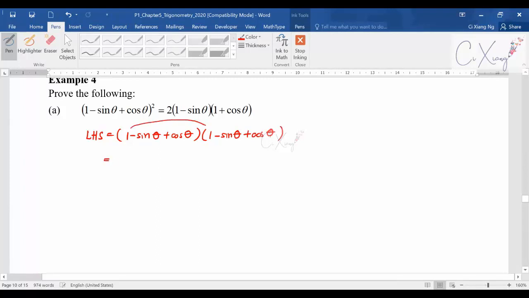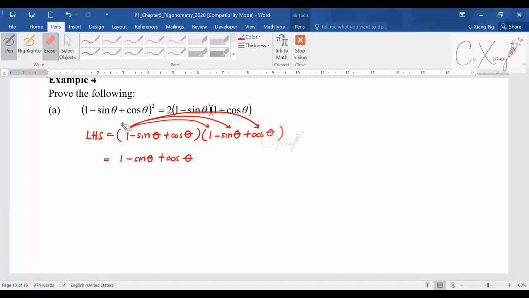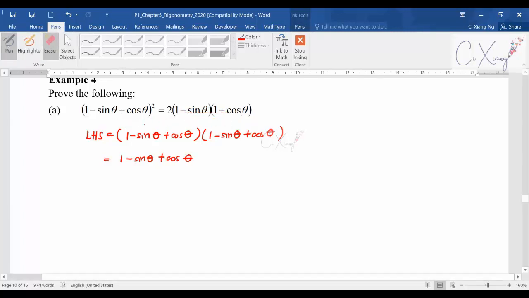So again, you expand it term by term. First term multiply with first, first term multiply with second, first term multiply with third. So if you expand it, you have this one. And after that, followed by the second term. So you take the sine theta, multiply with 1, multiply with negative sine theta, multiply with this one.